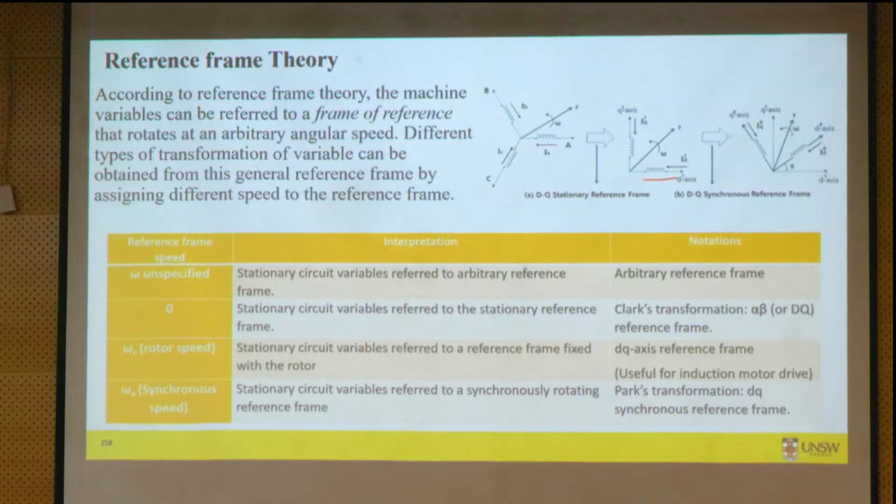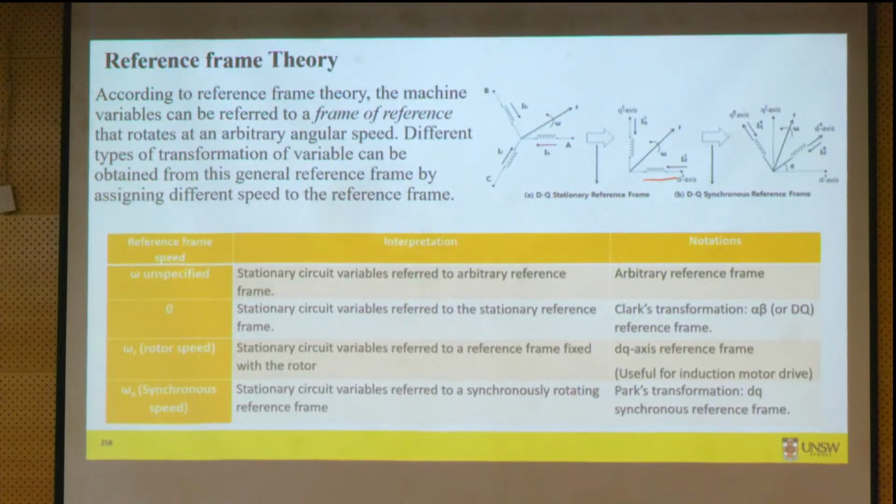Now these two windings, D and Q winding, it's up to us how we define them. If we say these D and Q windings are fixed to the stator, not rotating but stationary, we get the stationary reference frame. If we say this DQ winding is attached to the rotor and rotating with synchronous speed, we will get the synchronous reference frame.